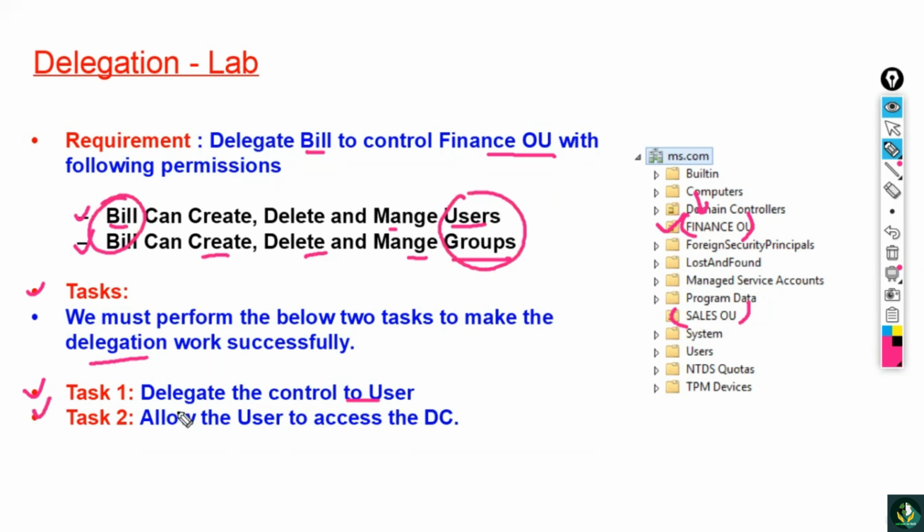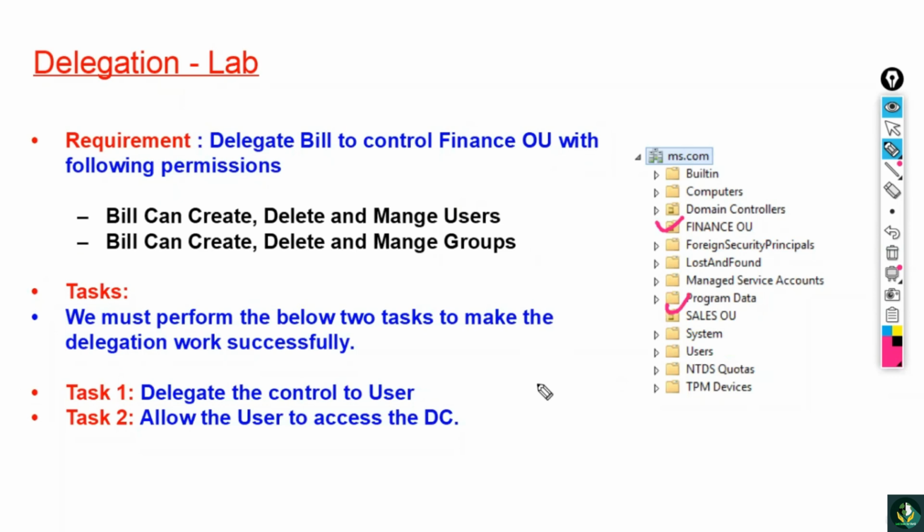After that, we need to allow user to access the domain controller. So guys, we have delegated the control to users. To manage this finance OU and sales OU, user has to log on to domain controller. But by default, a normal user can't access the domain controller.